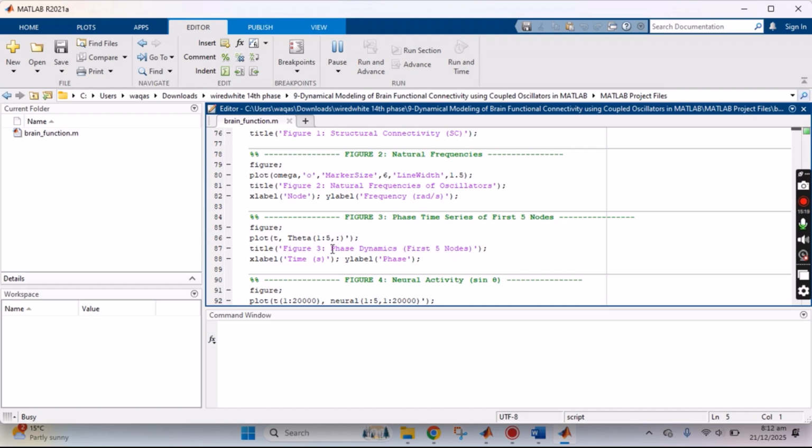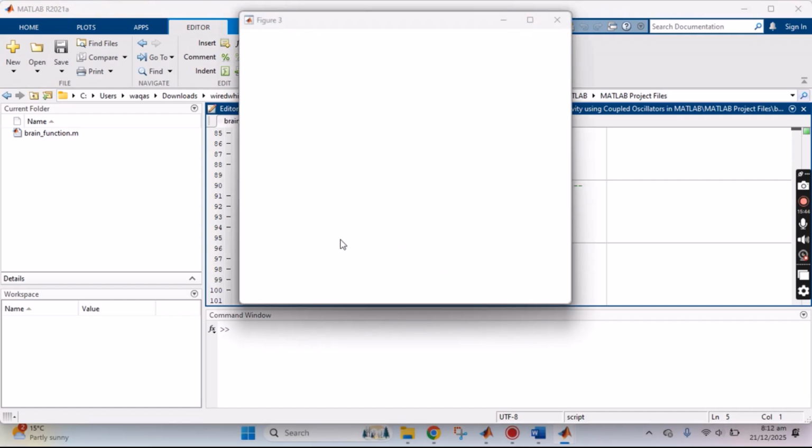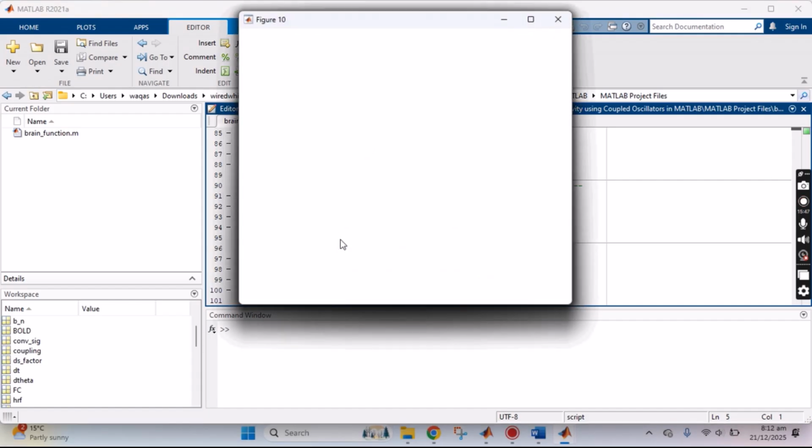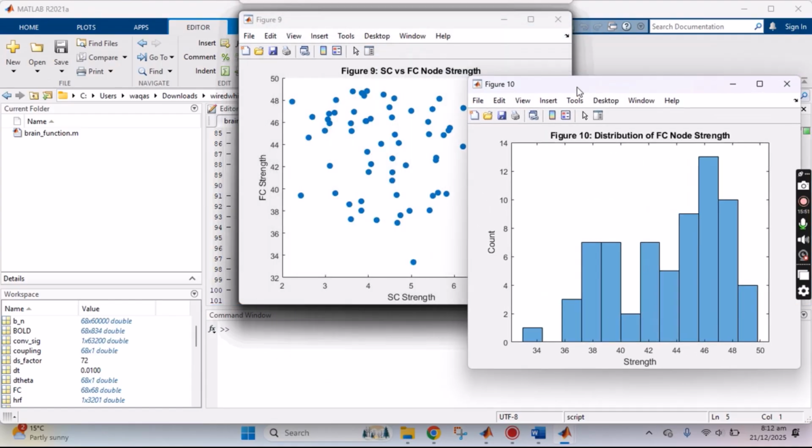That provides the complete natural frequencies output results according to the phase time series, with the figure of neural activity. So these are the output results accordingly.